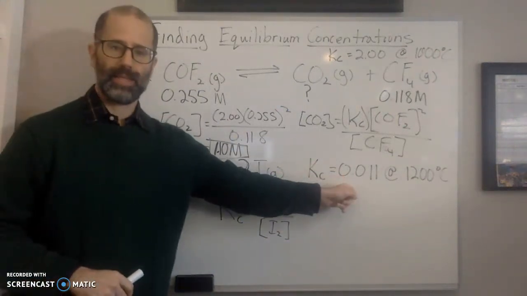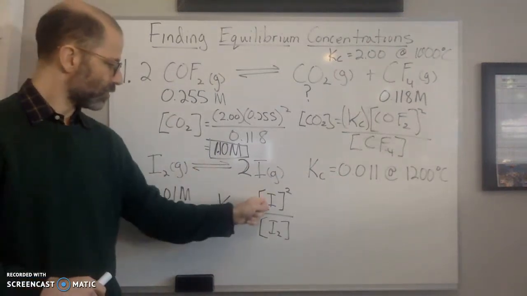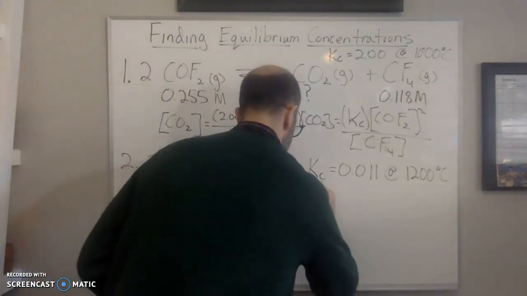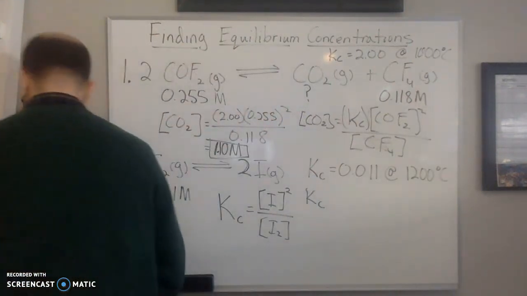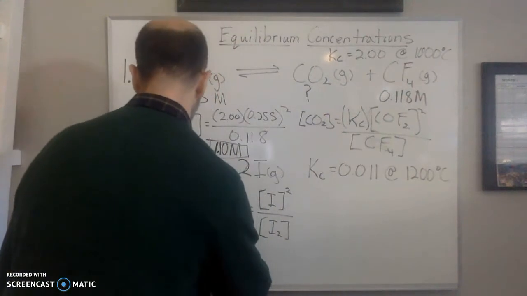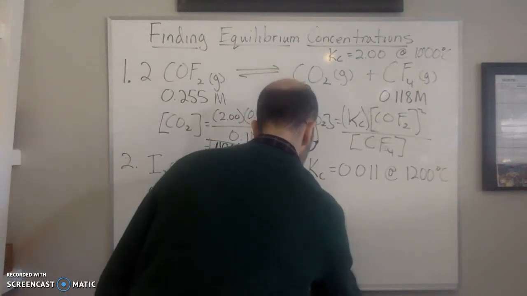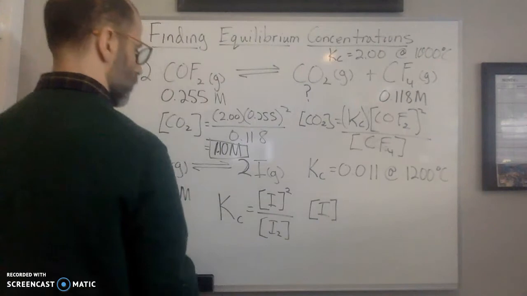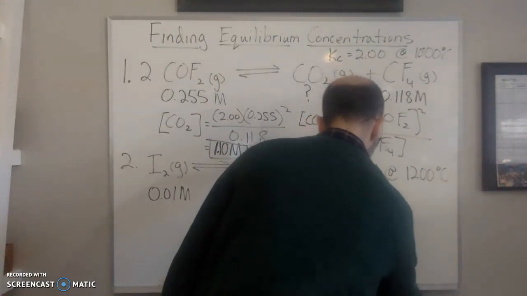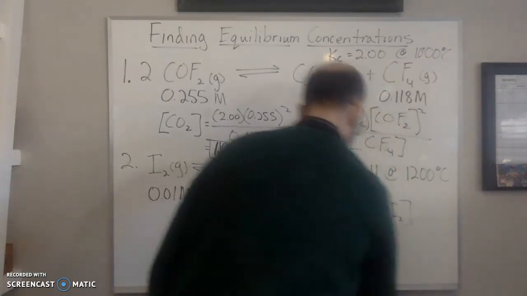So again, I know the Kc, I know the equilibrium concentration for I2, so I can solve for I. So I'm going to solve for the concentration of I. So the concentration of I is going to be equal to Kc multiplied by the concentration of I2.